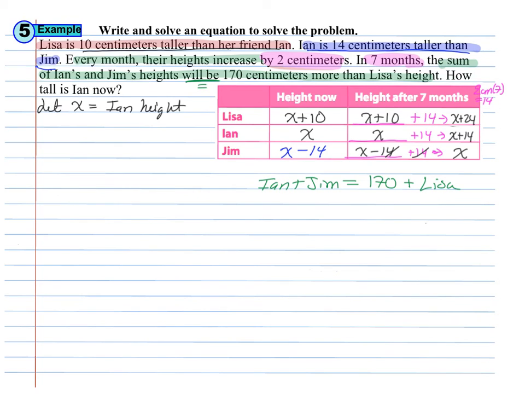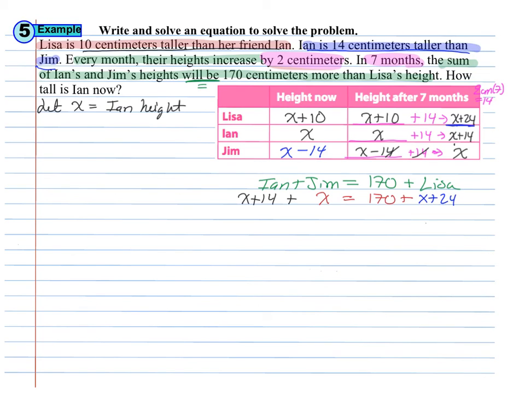So Ian is x plus 14 right here. So we're going to have x plus 14 is Ian plus Jim, which is x plus 170 plus Lisa, which is x plus 24.